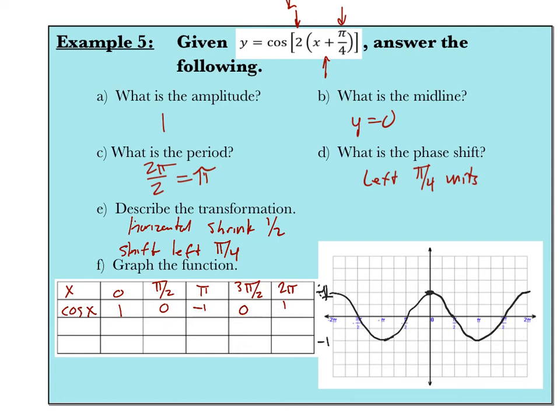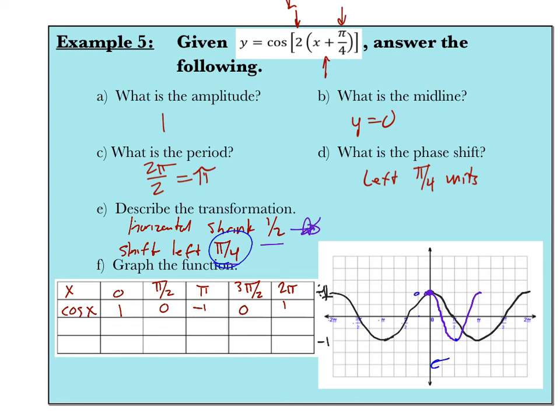So now, 2 things I'm doing, and here's where things get fun. Horizontal shrink by 1/2, pi over 4. If I just did horizontal shrink by half, that means I would run my entire thing in the span of pi. So now I want to move it pi over 4, which means I move it this way by 1 block, because each square is pi over 4.